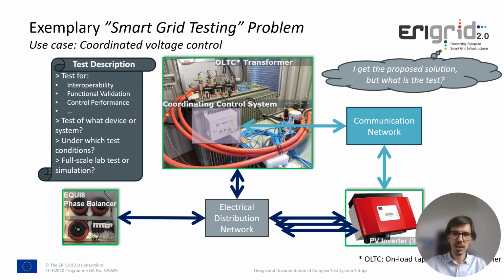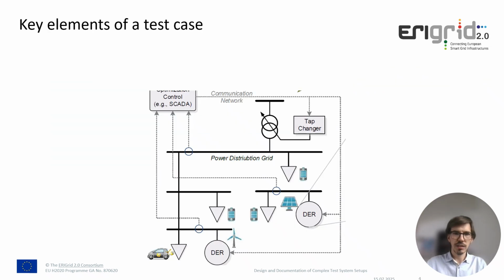To scope this type of testing problem more clearly, we have developed the holistic test description method. And I would like to contextualize this based on this principal use case of a smart grid, voltage control, or active distribution network. So if we want to describe this technology, already we have some available standards and templates.